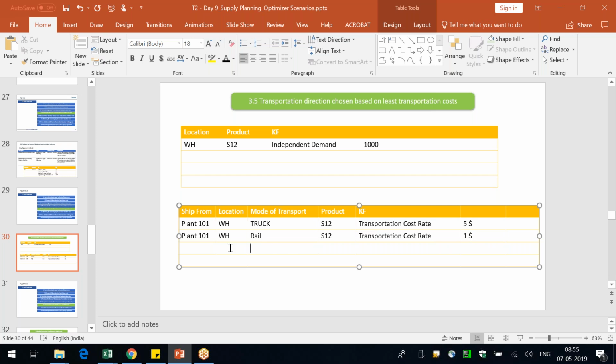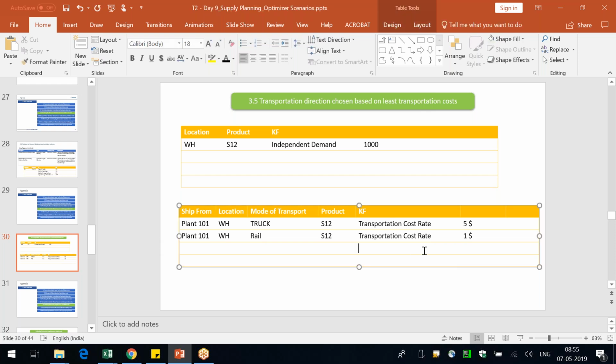For the same transportation lane, you maintain multiple costs for mode of transport. Now the system would naturally pick the least cost mode of transport, the 1,000 would be pushed onto the rail network, and the system would do a shipment on the rail mode of transport.